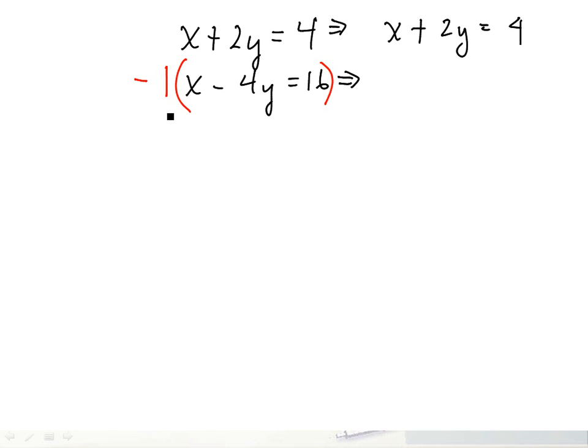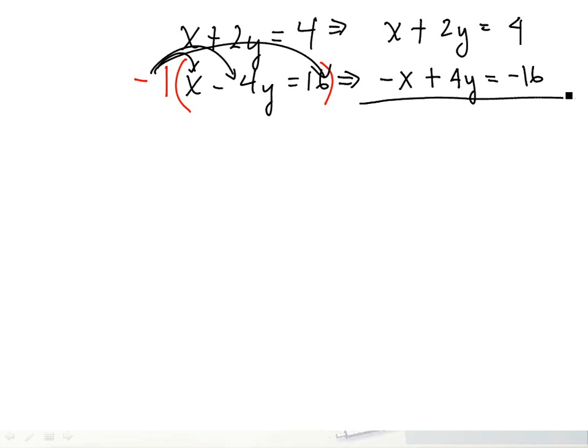But if we multiply negative 1 times the second equation, we get negative x plus 4y equals negative 16. So just make sure you change all the signs when you distribute. Then let's add together.